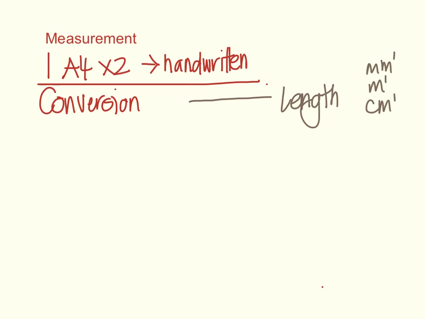So you need to make sure that your answer includes units and that they are to the power of 1, which of course you don't in fact have to draw, you can just write millimetres.